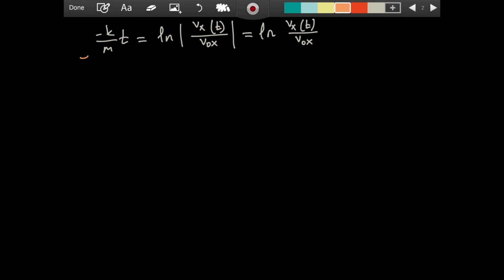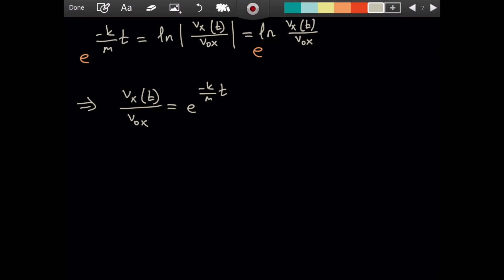So we will raise e to the same power on both sides. I'm just going to write the right side first. By the definition of e and ln, they are inverse functions, so this will give us the argument of ln. So we have vx of t divided by v0 x is equal to e to the power of negative km t.